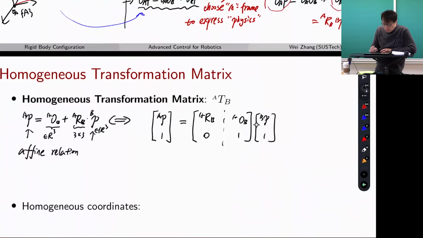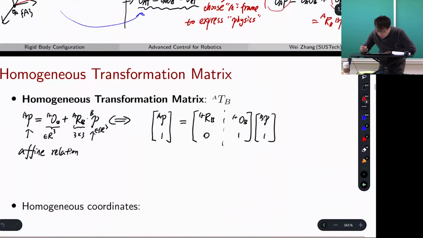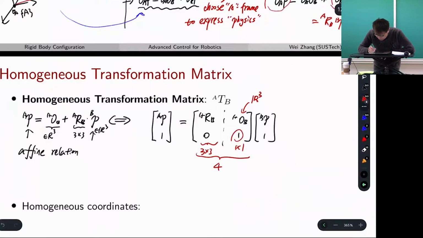The first row just expresses this expression: R_BA times P_B plus O_BA. This guy is a 3 by 3 matrix, this is R3, and this is 1 by 1. So overall, we have a 4 by 4 matrix.